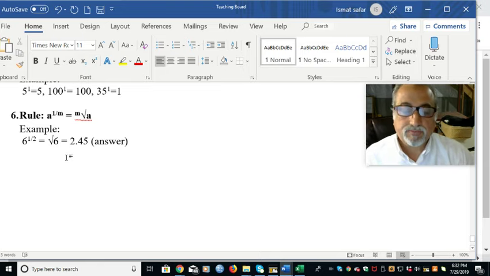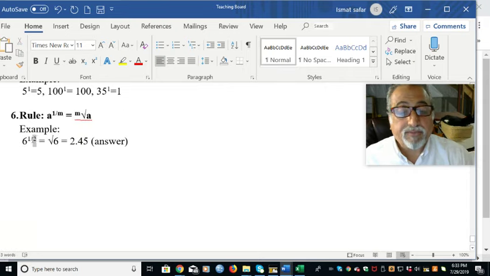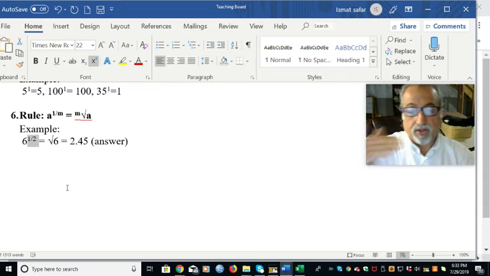If we have 6 to the exponent 1 over 2, so this is an exponent, right? You can have any number as an exponent, even negative, even 0, even 1. The exponent is on the top of the number.